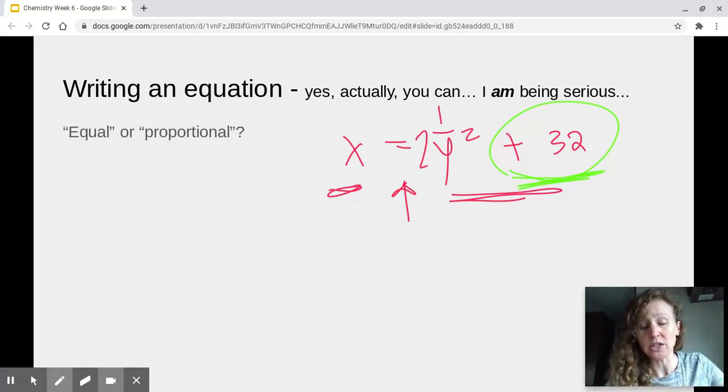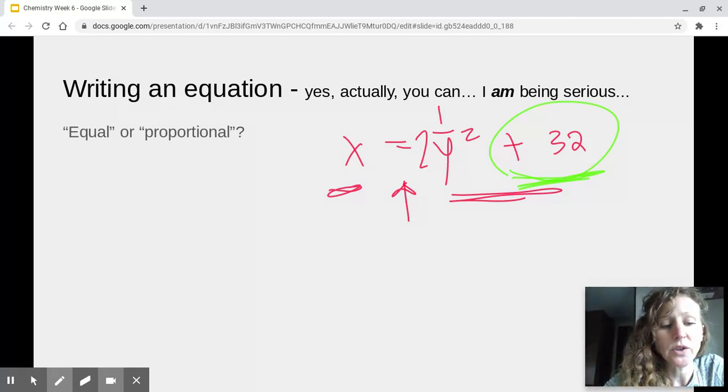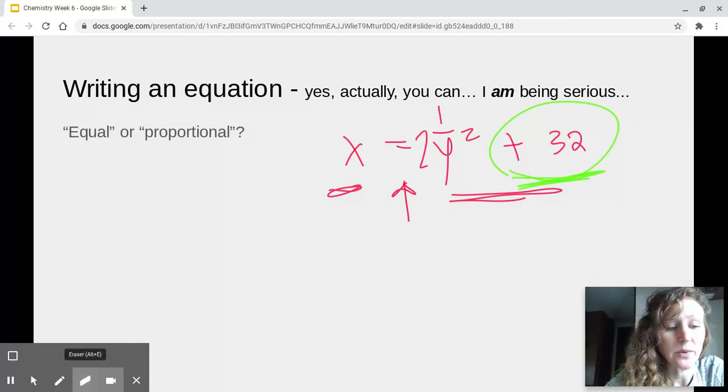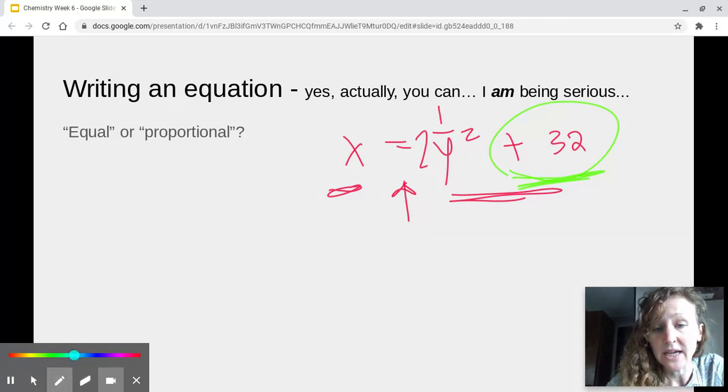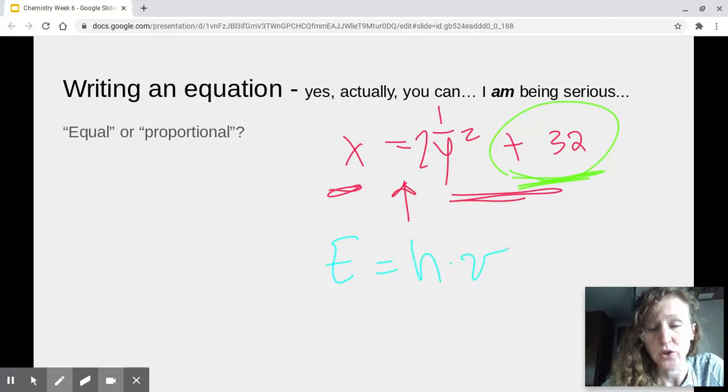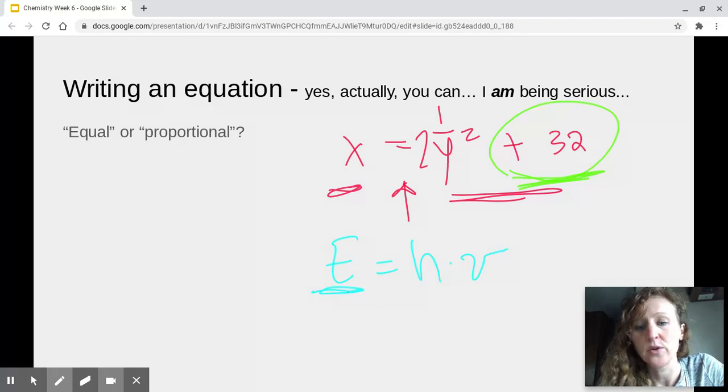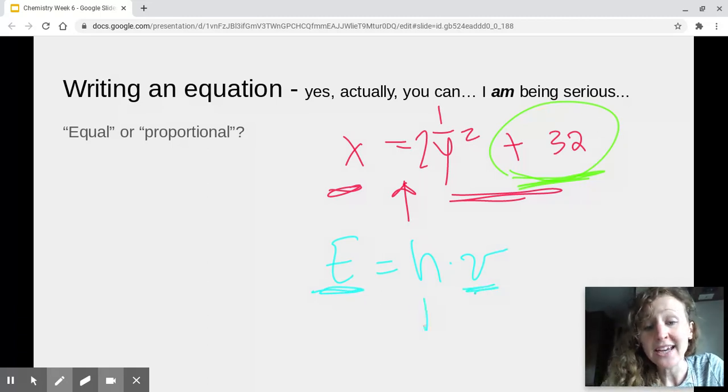And lots of equations have this. If you look at the equation that we dealt with before in that flame test lab, it was E equals H times nu. Right? Well, E was energy of a photon, nu is frequency, and H was just a number. That number was 6.626 times 10 to the negative 34.